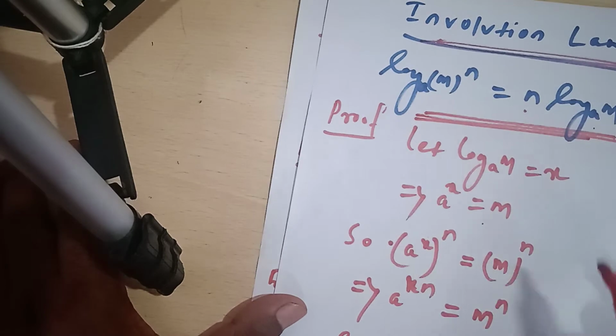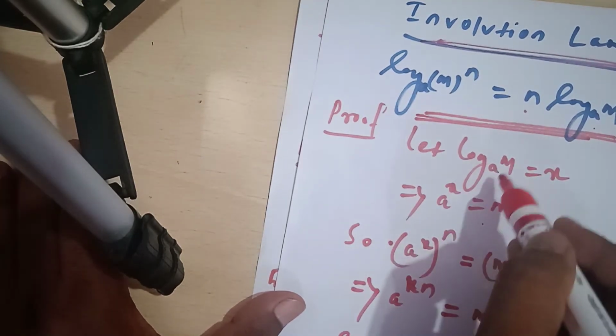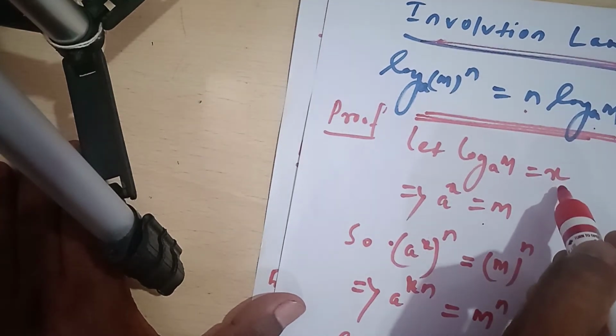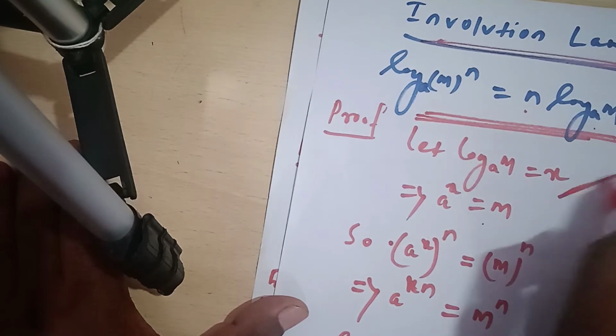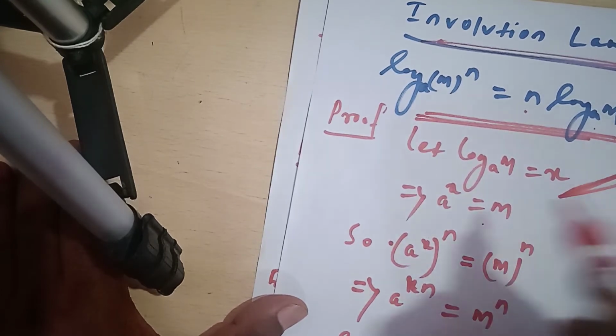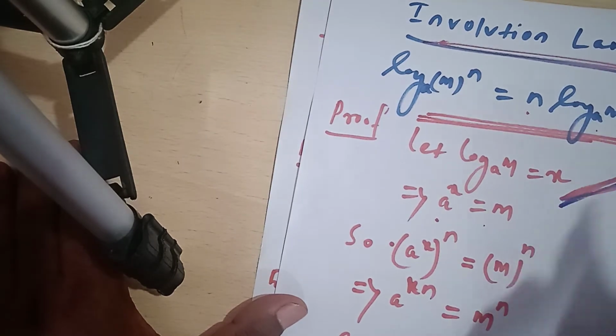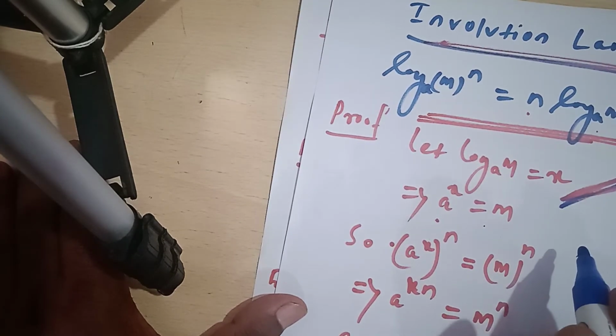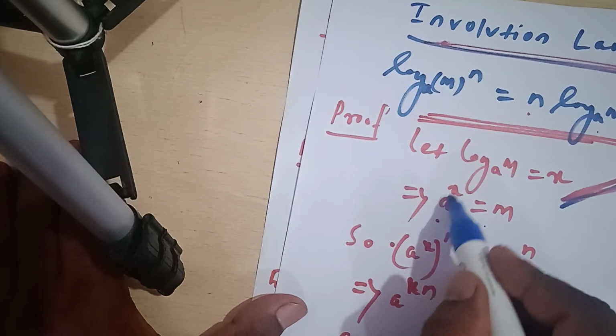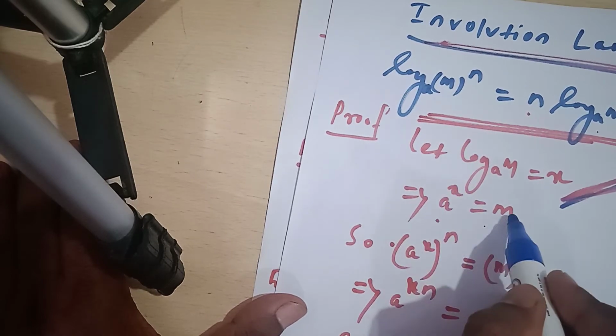Let log m to the base a be equal to x. This is the logarithmic form. In exponential form, a to the power x is equal to m.